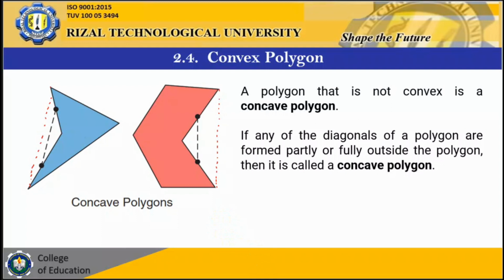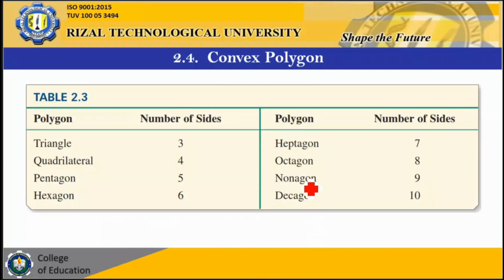Now let's talk about the classification of polygons according to the number of sides. If we recall the plane determination postulate, it suggests that the minimum number of points to determine a plane is 3.